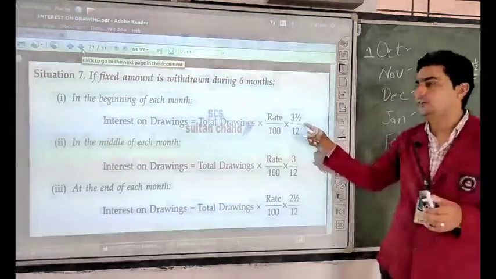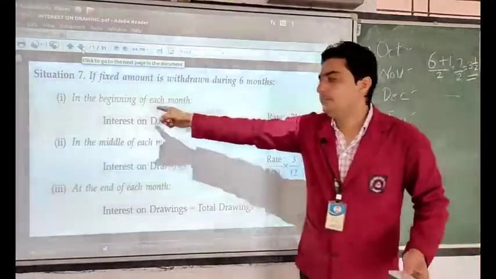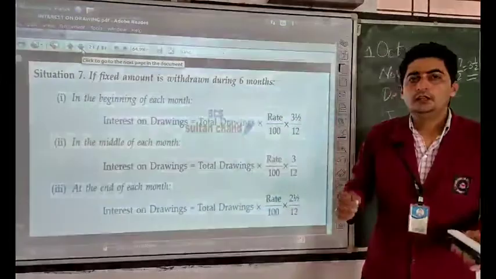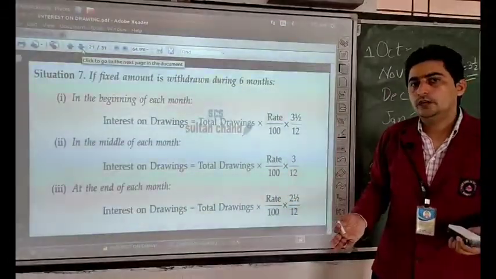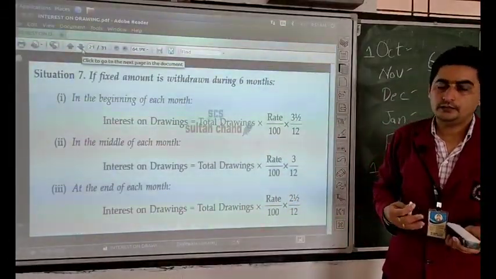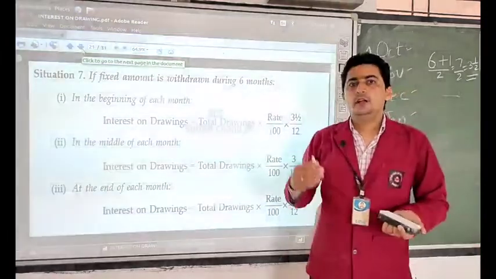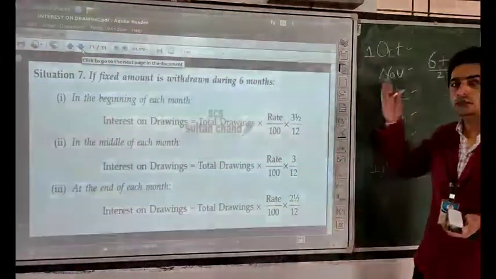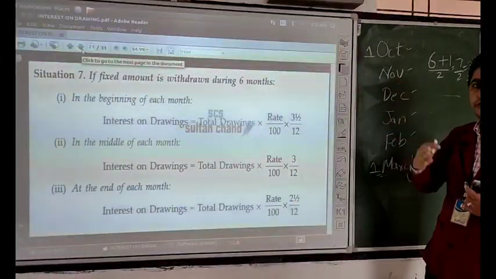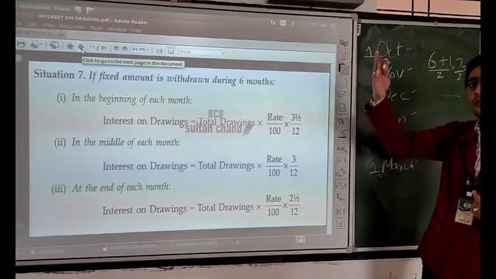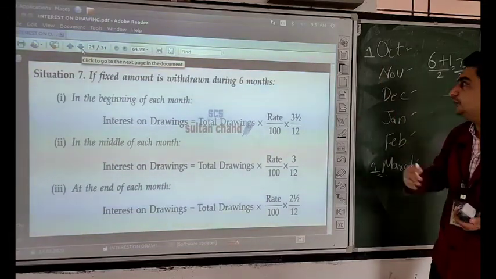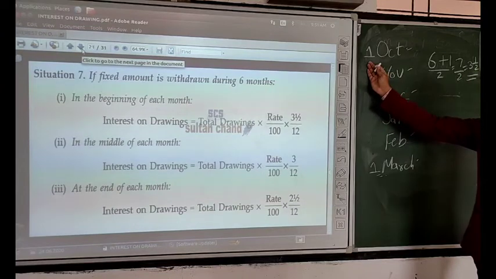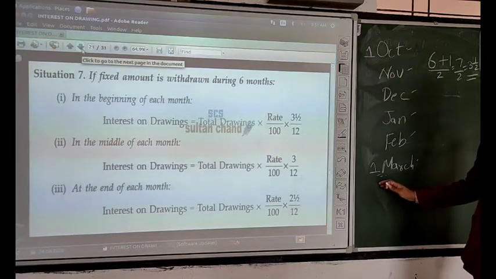See, 3.5. If it is done in the beginning of each month, what happens? Instead of 12 months, we are taking only 6 months. It may happen students, if a business is started from 1st October only, you will not calculate interest on drawing for whole year. You will calculate it from only 1st of October. That's why the months will be only 6.